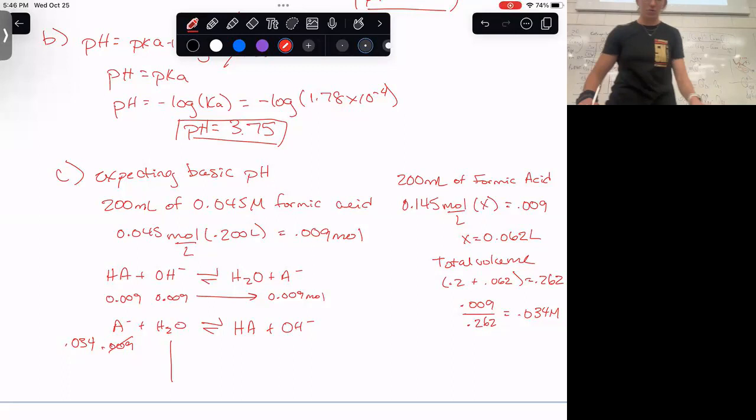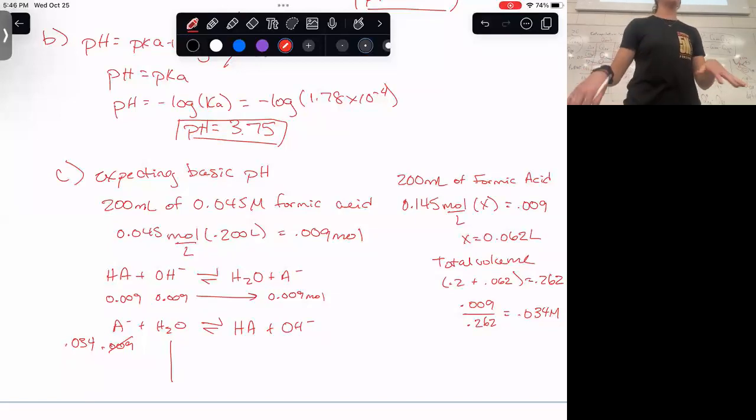Yep, so we know that at the equivalence point, our moles need to be equal. We don't know how much volume we need to add to get to that equivalence point, but we know the concentration of our sodium hydroxide, and we know how many moles we need to get to. Since molarity is moles over liters, we can divide the moles by the molarity to get just liters.